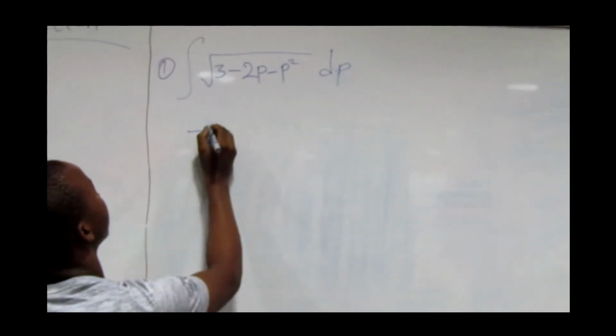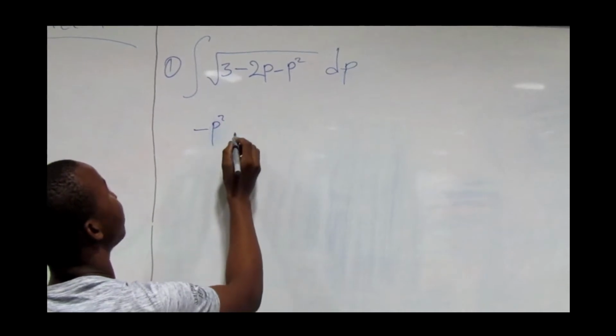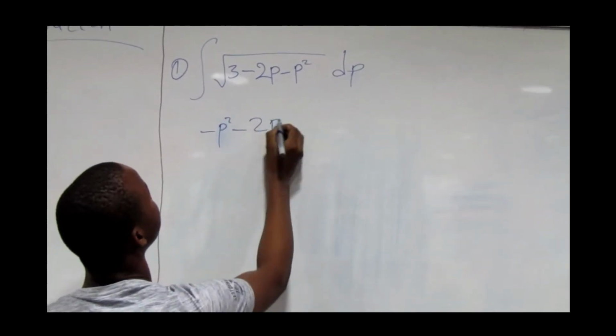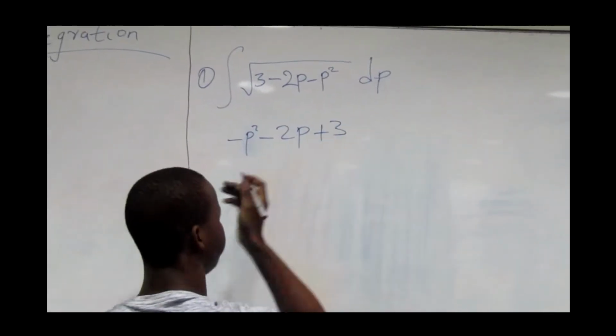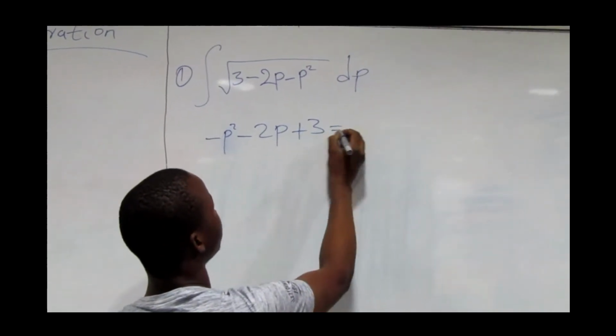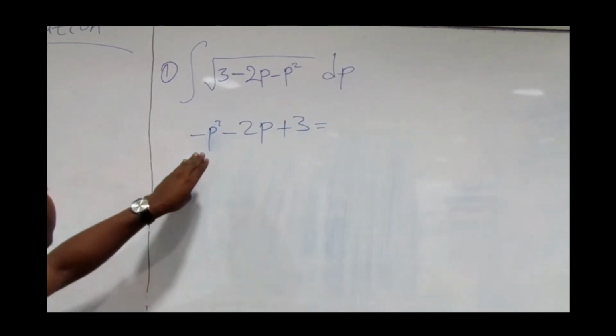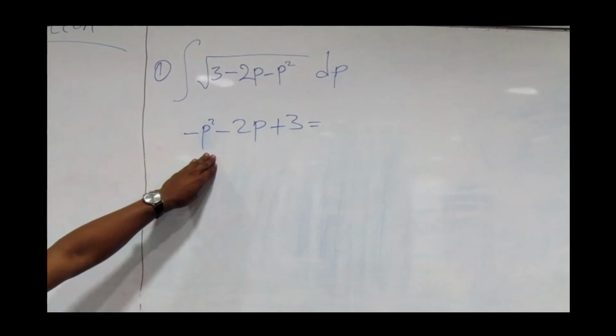How do we complete the square? Remember, I'm going to take the p squared term first: negative p squared, negative 2p plus 3. How do we complete the square of this function?